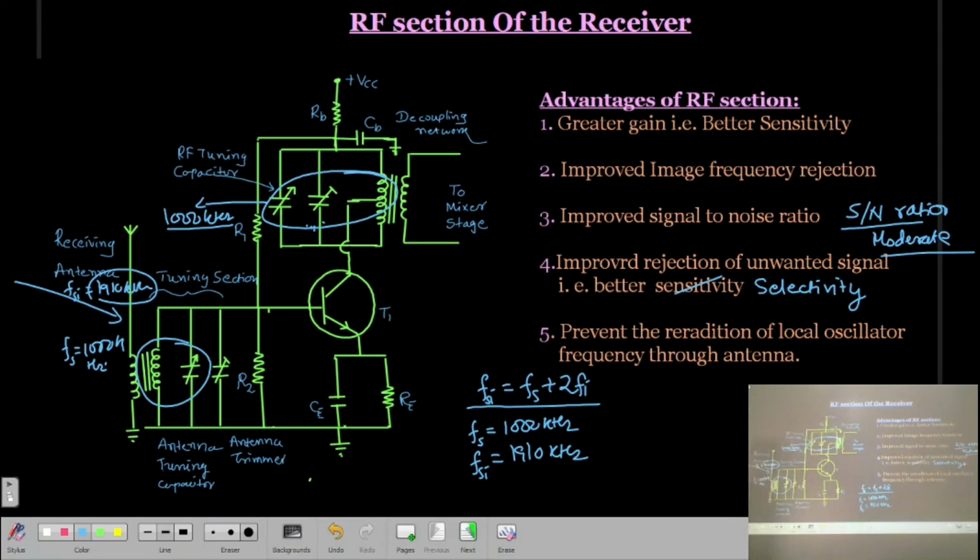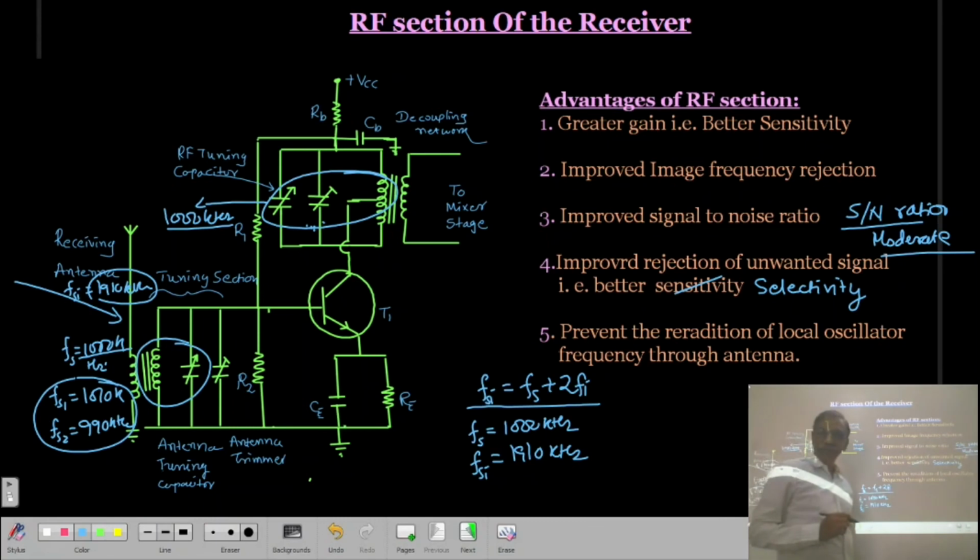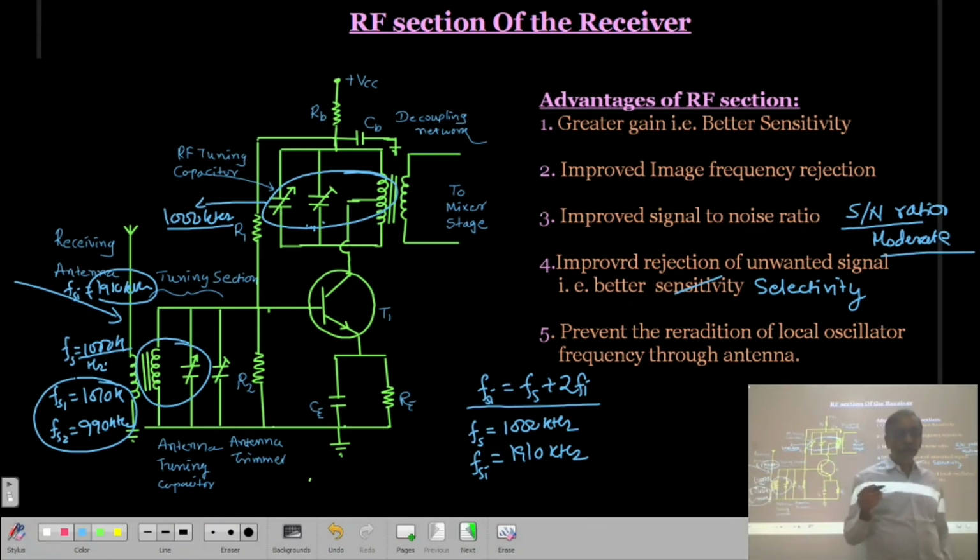So here I already mentioned that if you are tuning 1000 kilohertz, and my another frequency fs1 is 1010 kilohertz or another frequency is 990 kilohertz, these are the adjacent frequencies of the transmitter of your radio receiver, and these have to be rejected. Then you can say the selectivity will be better.